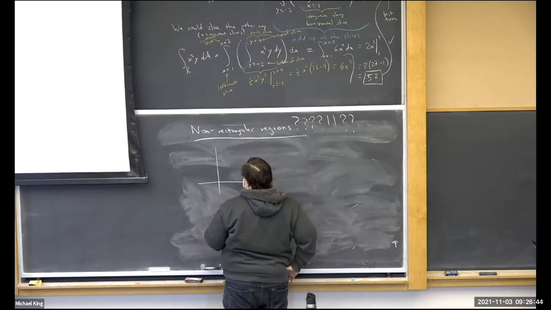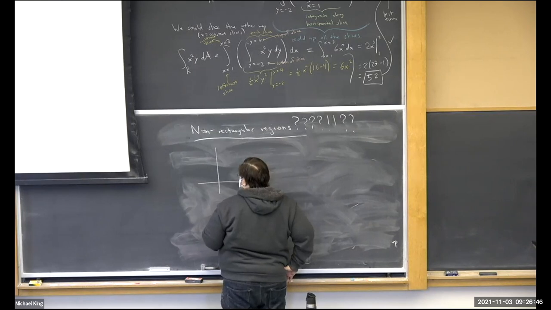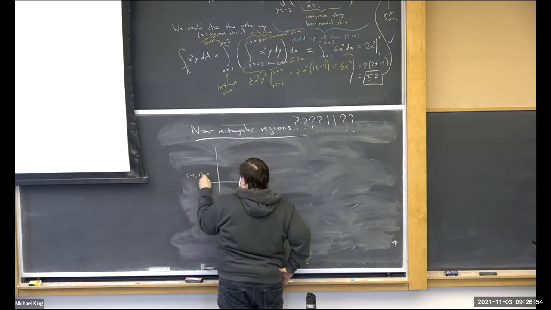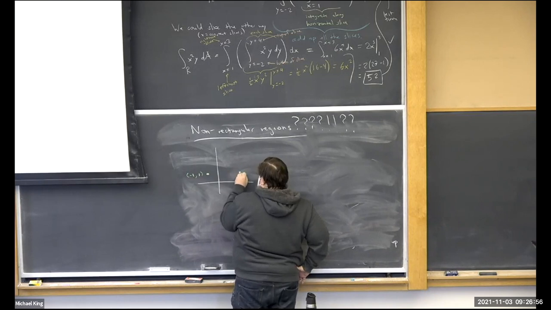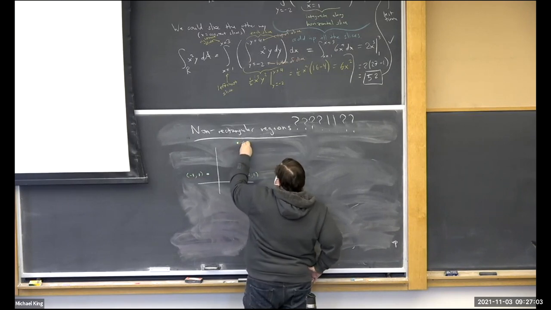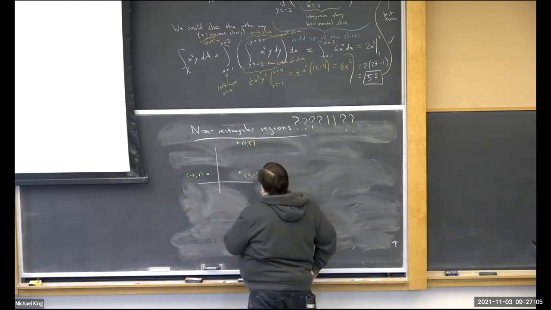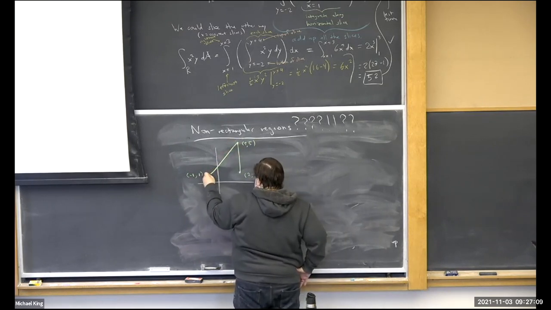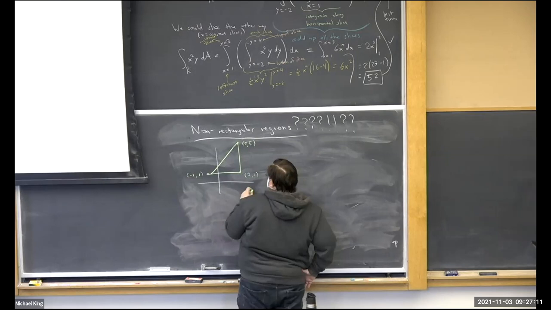What I had in mind was like, let's connect, here's a point, -1, 1. Here's a point 2, 1. And here's a point 2, 5. And if I make this region, so this is our R.